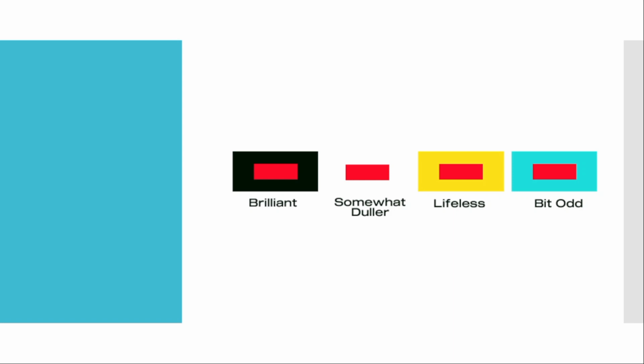So that is why we call this kind of color combination, or color against another, somewhat duller. Then look at this one, it's lifeless. This red appearing on a yellow background is lifeless. Then look at the last one, it is a bit odd.